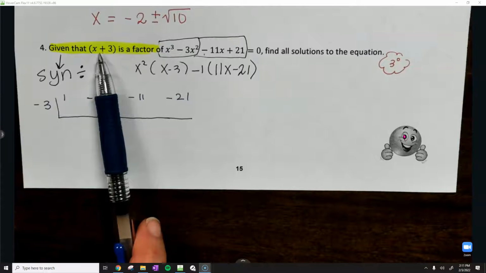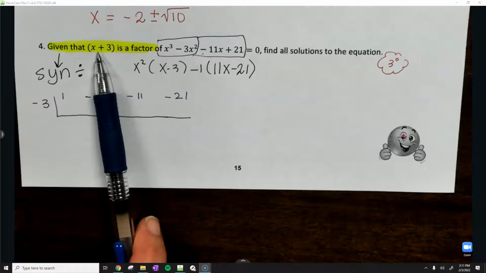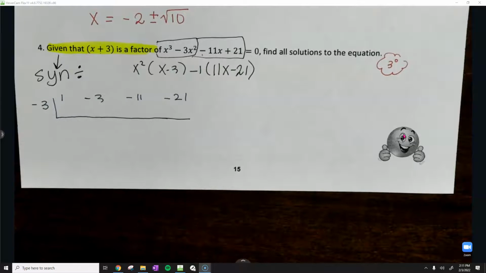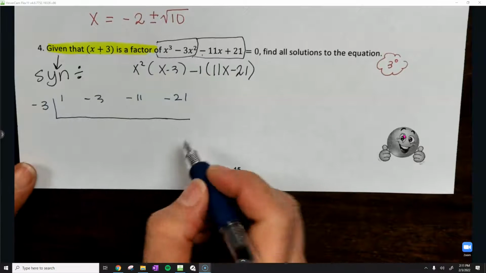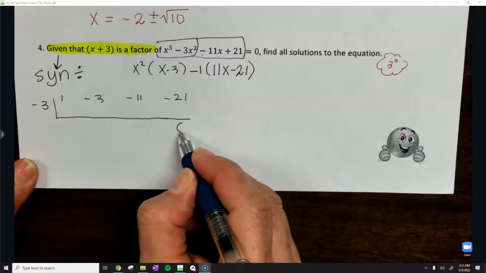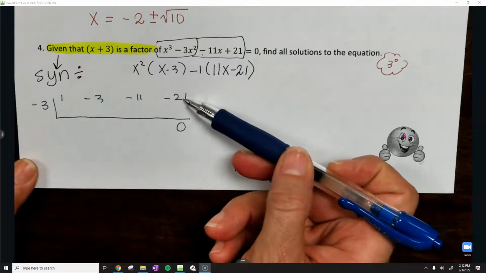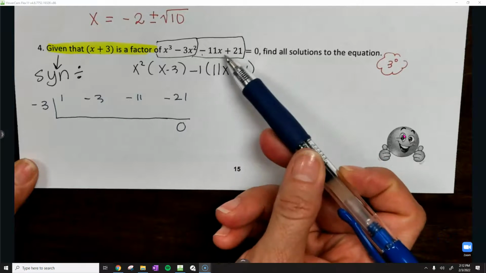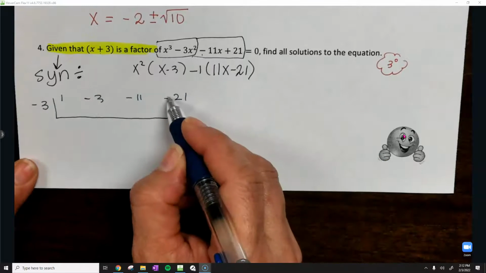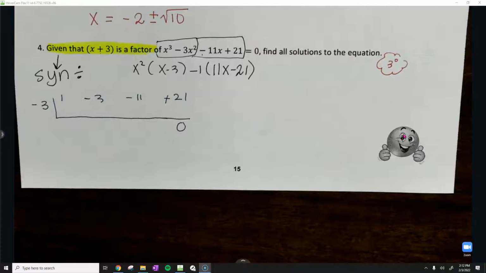If that's a factor, are you going to have a remainder? No. Good. So guys, go ahead and put a 0 here. And I accidentally made a mistake, y'all. That 21's positive. I accidentally wrote a negative. Make sure you don't make the mistake like I did.